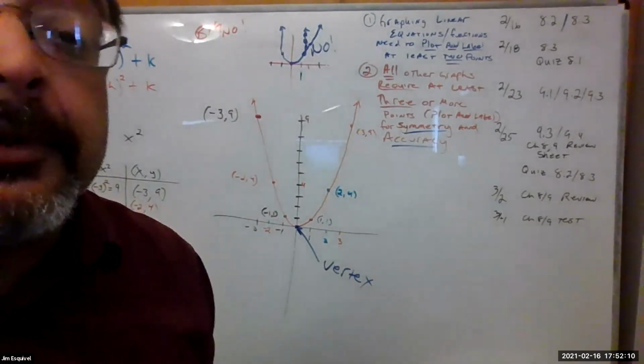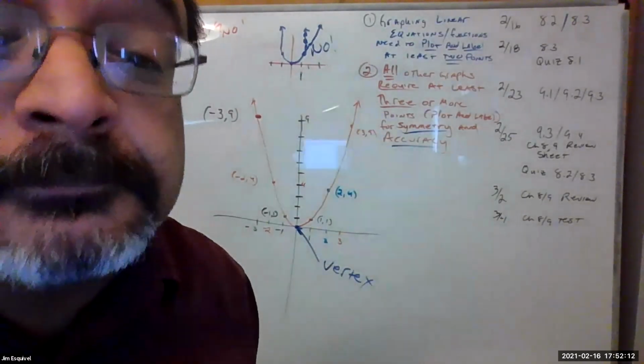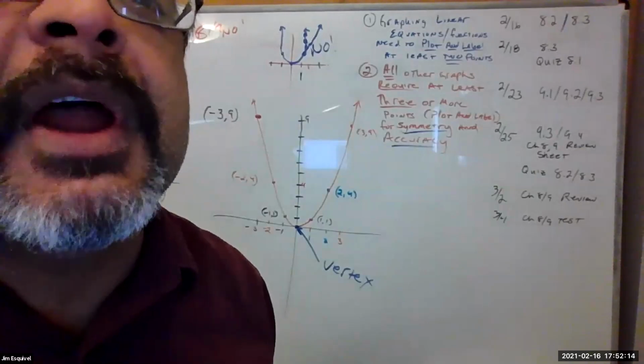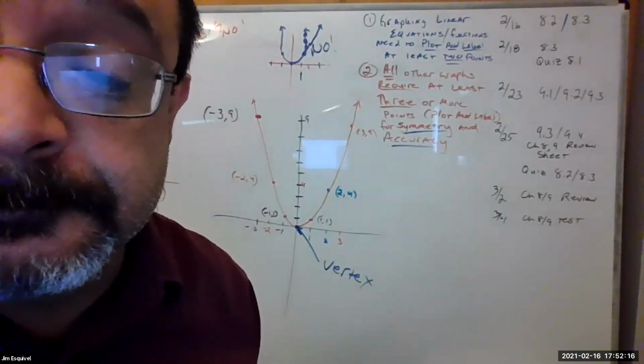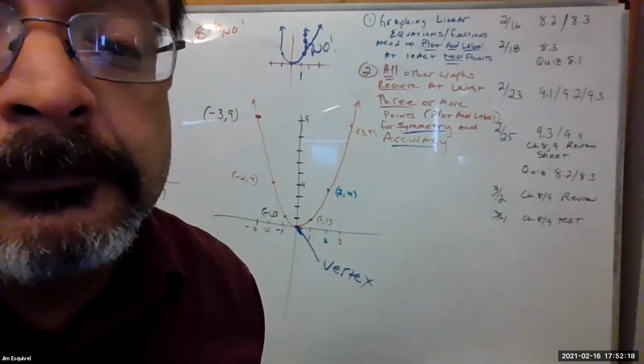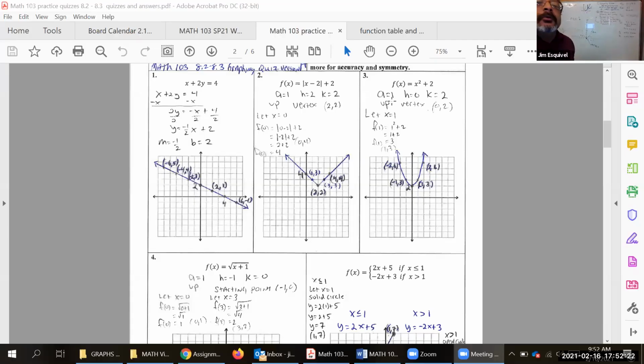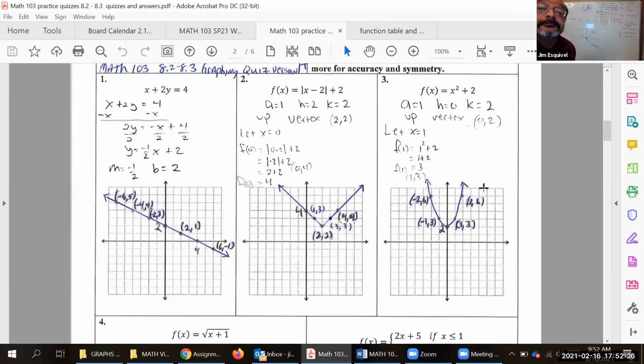So when I show you the practices, right here, number 3, do you see number 3 right here? Yeah. X squared plus 2. The vertex is right here at this 2. That's where it changes from decreasing to increasing.